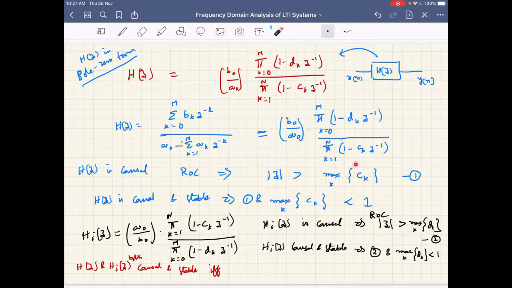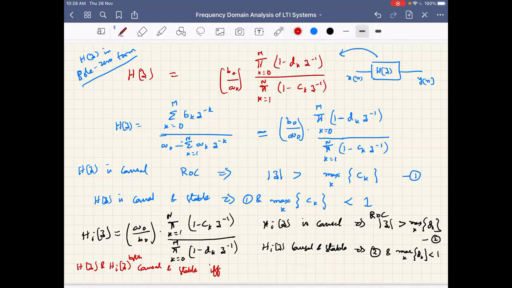Maximum is less than 1 means all the poles are less than 1, as well as the zeros are also less than 1. And the ROC is outside of the outermost pole, and subsequently the ROC is outside of the outermost pole of the inverse system. If and only if the criteria needed is the maximum of ck and the maximum of dk, I will write in words here.